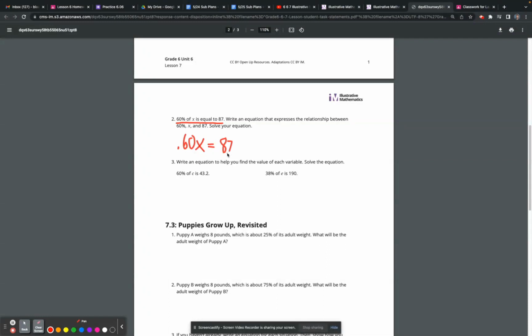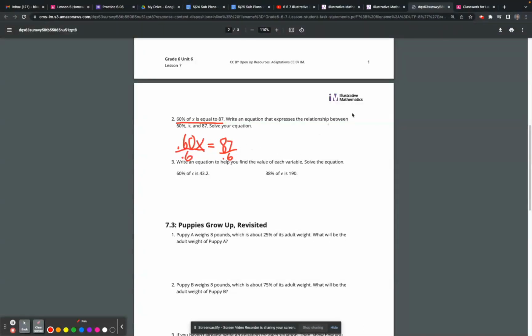Okay, so that is my equation. Now it says here, solve your equation. So now I have to get this x alone, which means I need to divide it by that 0.6, or 0.60, which means I have to divide by 0.6.